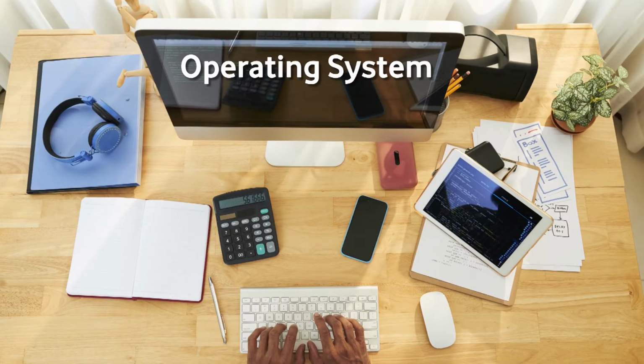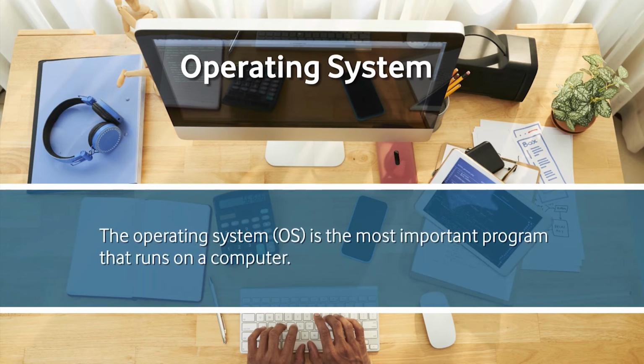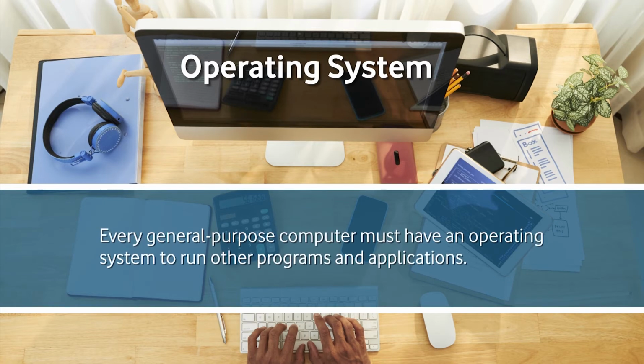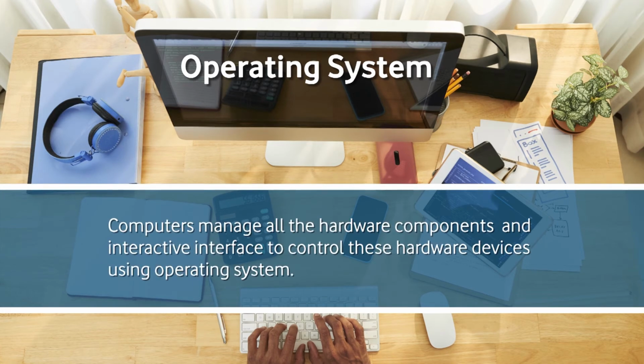Now, let me focus a little more on the operating system. The operating system is, once again I will say, the most important program which runs on your computer. Every general purpose computer must have an operating system to run its programs or applications, because the operating system manages the system activities, whether hardware or software components, from the booting process to allocating different jobs or processing different application activities, managing different files and memory.